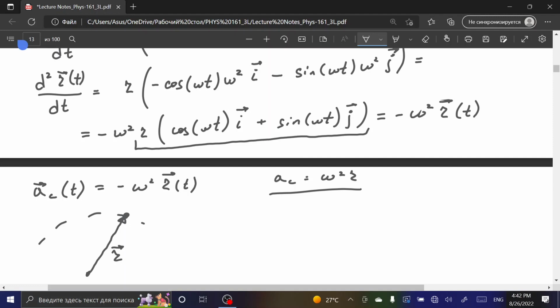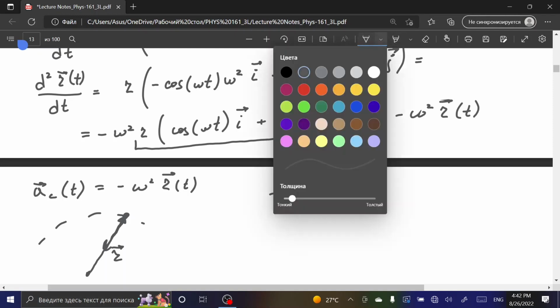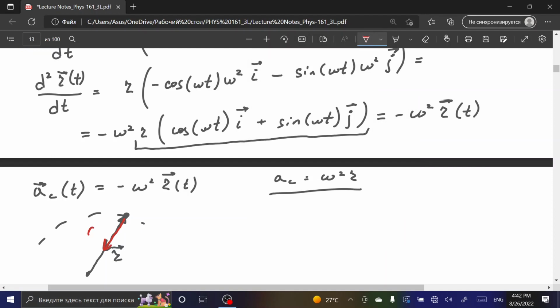At the same time, we see from this equation that the centripetal acceleration vector will be parallel to the radius vector, but oriented in the opposite direction. So it will always be oriented, let me change the color, like this. So this is our centripetal acceleration vector.